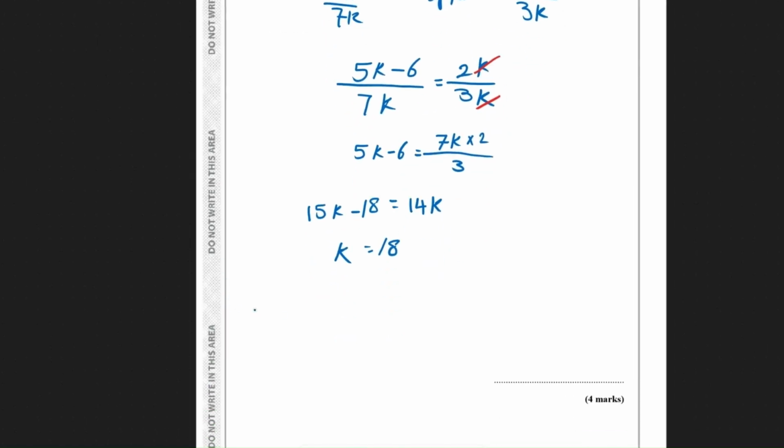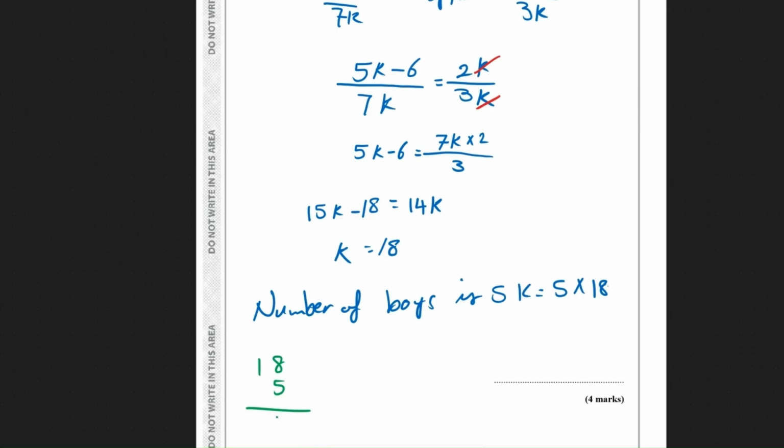So the number of boys is 5k, equals 5 times 18. So 18 times 5: 5 times 8 is 40, 5 times 1 is 5, 5 plus 4 is 9, so 90. So the number of students is 90 boys, 90 students.